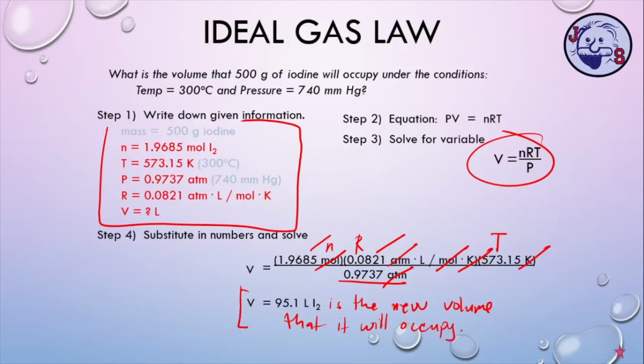Although it is very tasking to do, it pays a lot to have a final complete answer. So the final complete answer is 95.1 liters of iodine is the new volume that it will occupy.